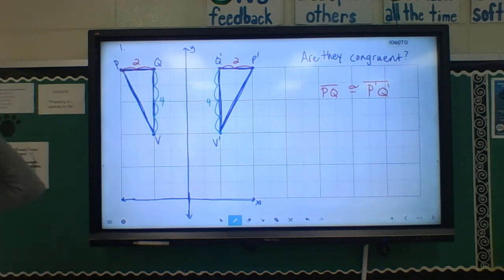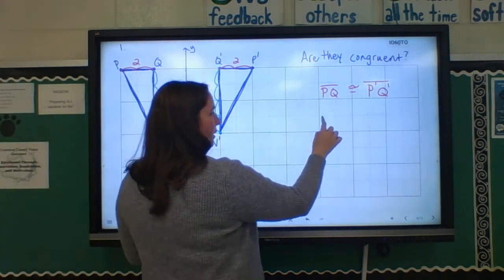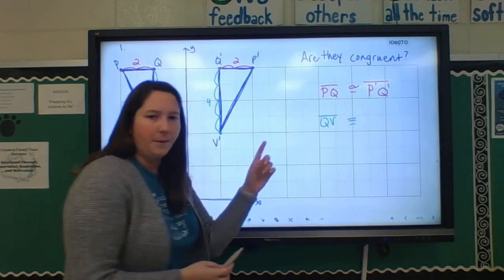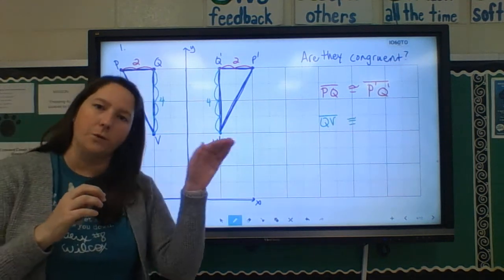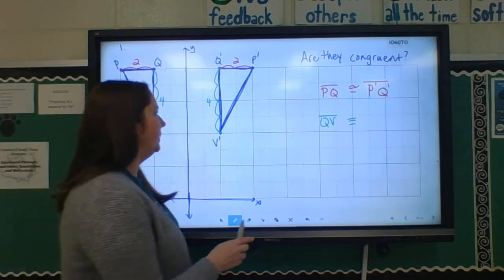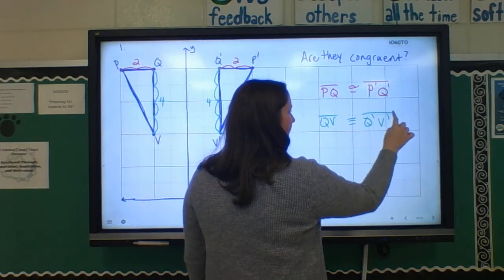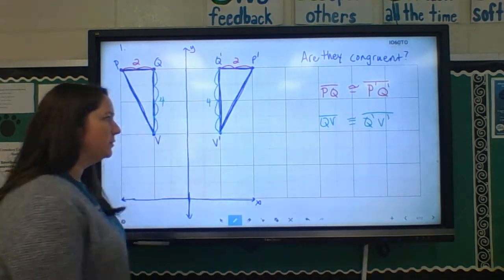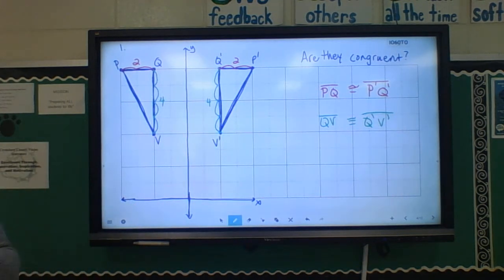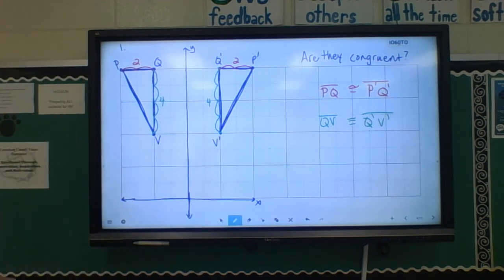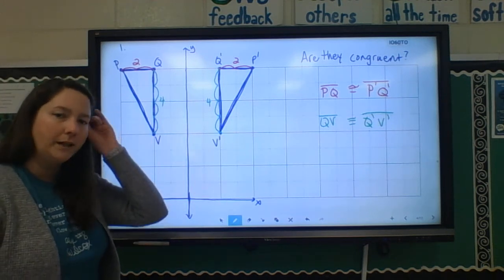Q prime V prime. So QV is congruent to Q prime V prime. Remember, the equal sign with the squiggly on top means congruent. Those two sides are congruent, and we haven't had to do the distance formula yet.